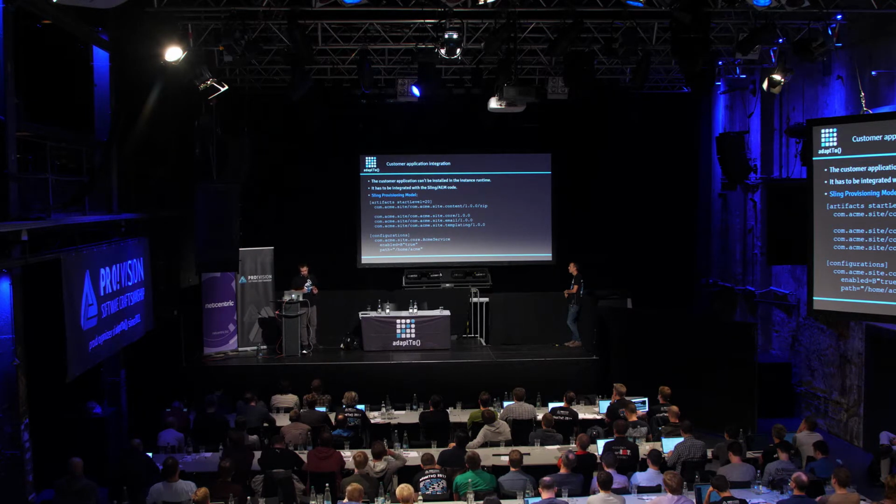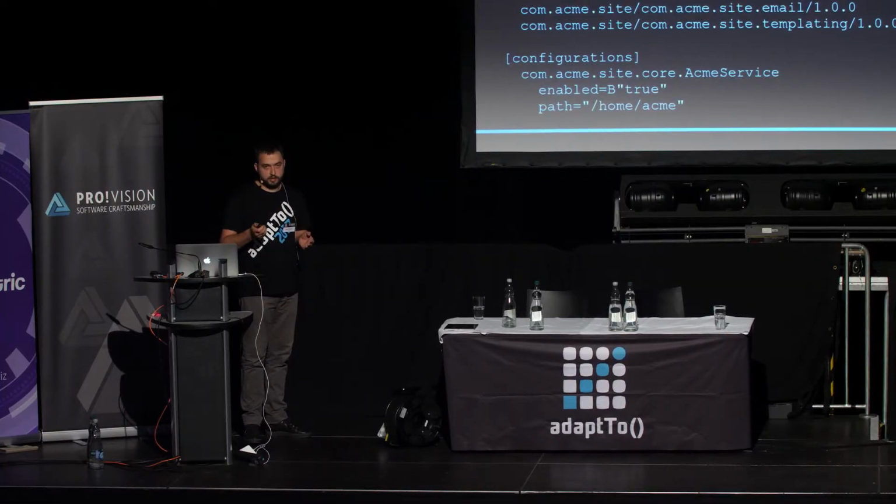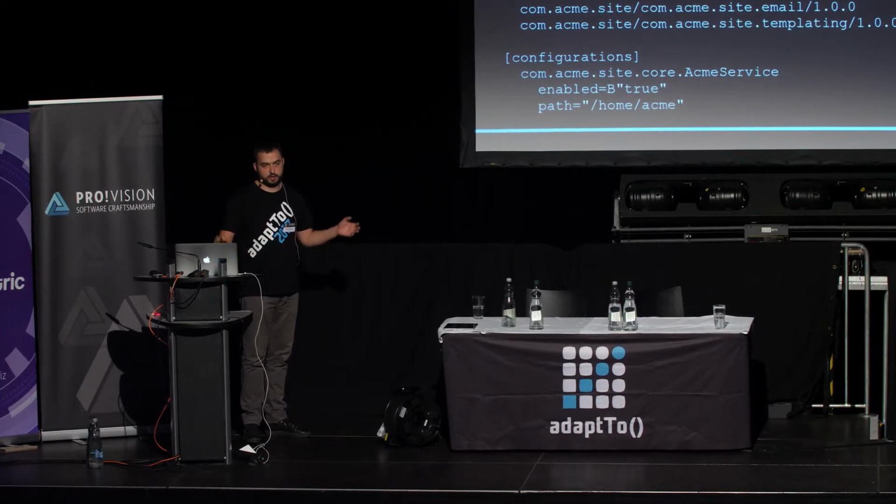So the idea is that the provisioning model for the customer application is being merged with the Sling or AEM provisioning model, and the whole instance starts with all the required things installed immediately, without the need to add anything else later on in the runtime.